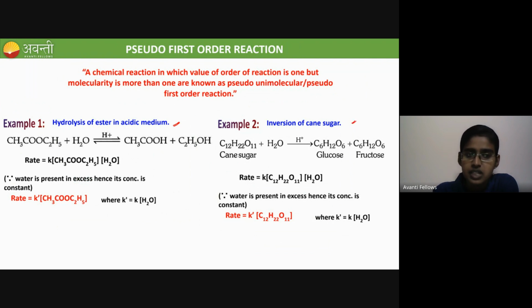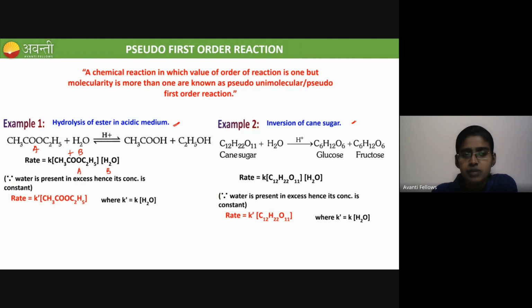So here you see ester is reacting with water in presence of acid and it is producing acetic acid and ethanol. So how many reactants do we have? A plus B, we have 2 reactants. To write the rate of the reaction, it is equal to K into the concentration of both reactants A and B. But water is present in excess, so the excess reagent concentration will be negligible, and we will not take that into account.